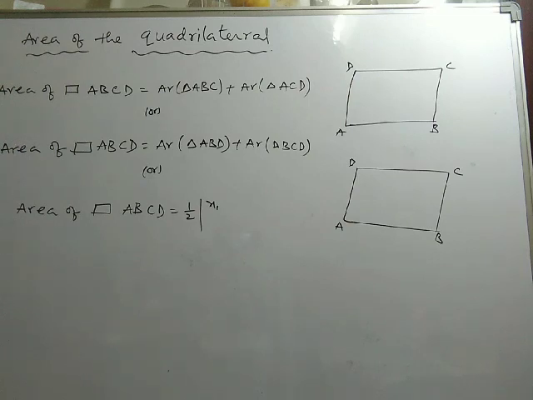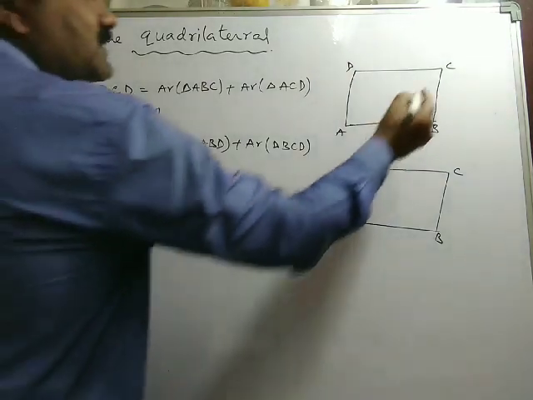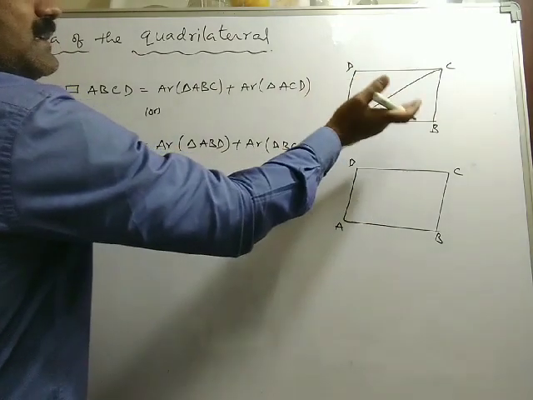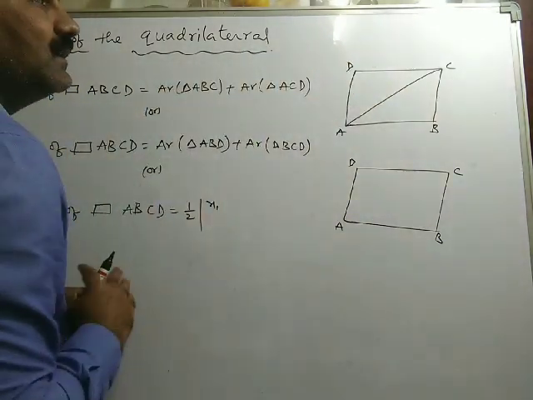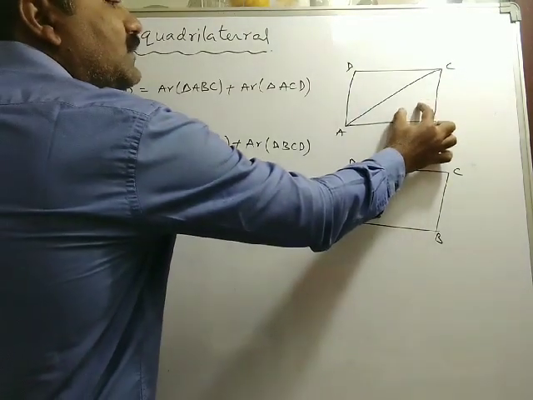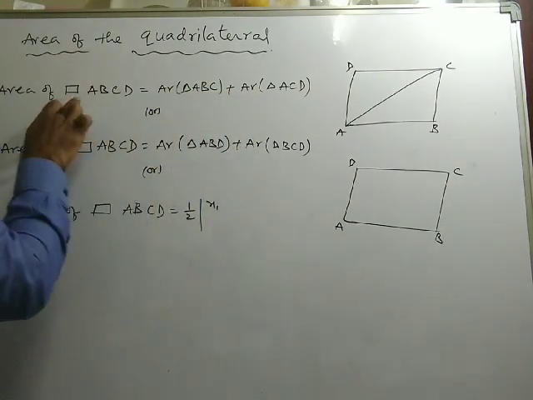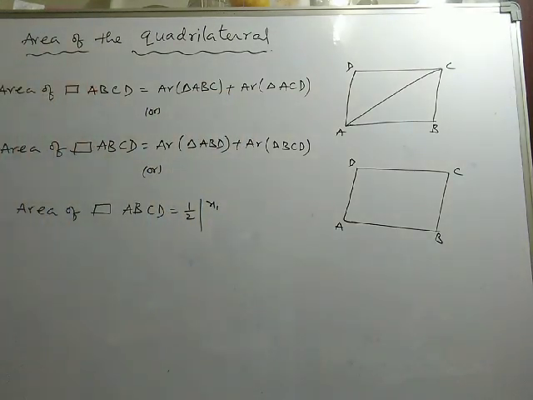A quadrilateral can be a parallelogram, a square, a rhombus, a rectangle, etc. Here, when the 4 points are provided, A, B, C, D, method number 1 to find the area of the quadrilateral ABCD is this: if you join AC, the entire quadrilateral is divided into 2 triangles. Hence find the area of triangle 1 and the area of triangle 2, and the sum of these two gives you the area of quadrilateral ABCD.